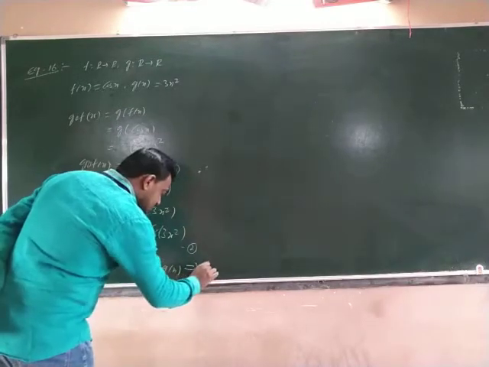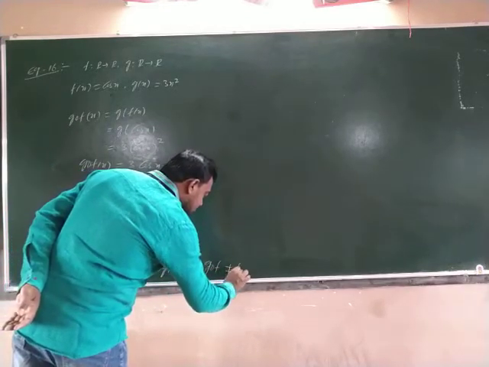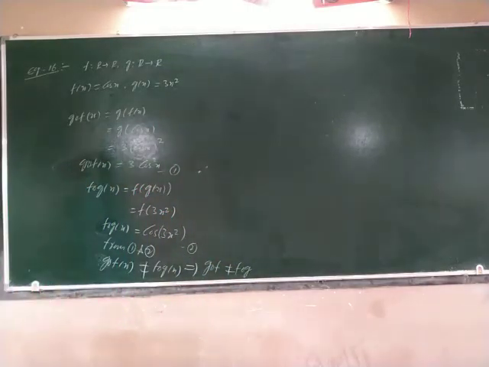This implies that G circle F is not equal to F circle G. That is the answer. Understood? This is example 16. Next question.